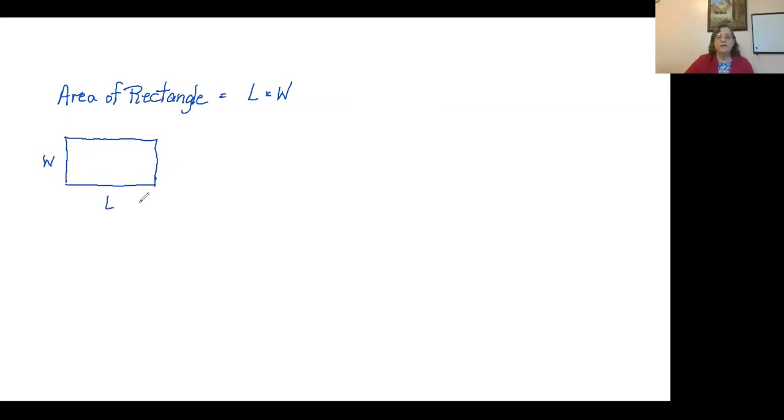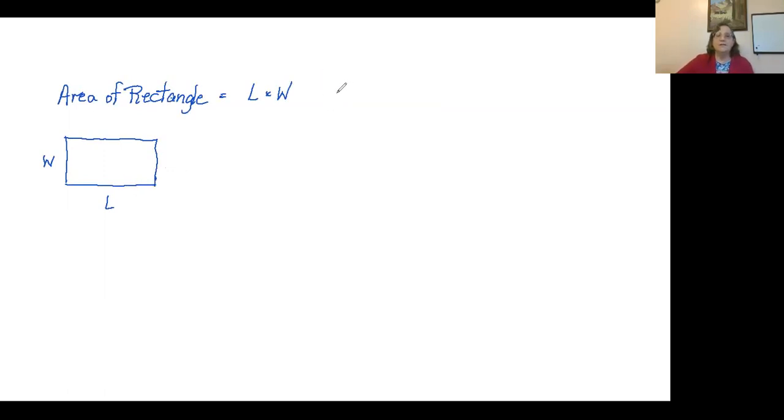So the area of a rectangle is going to be length times the width. Where they tend to call the shorter one the width and the longer one the length, but it really doesn't matter.